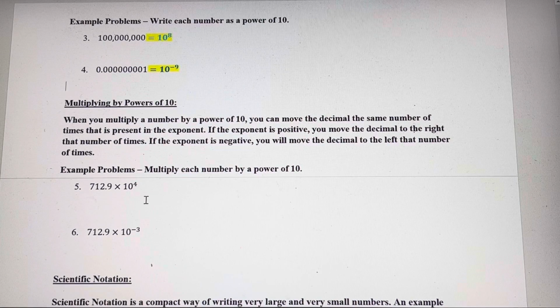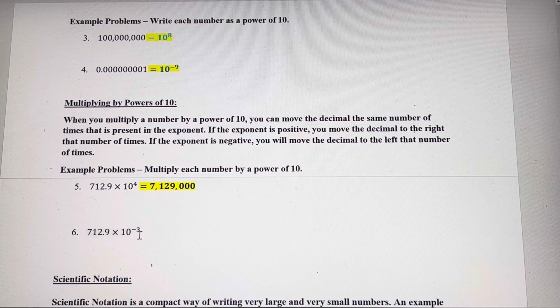So remember, when the exponent's positive, I'm going to move this decimal to the right, and I have to move it this number of times, 4 times. So what was 712.9, I'm going to move the decimal 4 times to the right. I'm going to have to add 3 zeros there. So that's going to be 7,129,000.